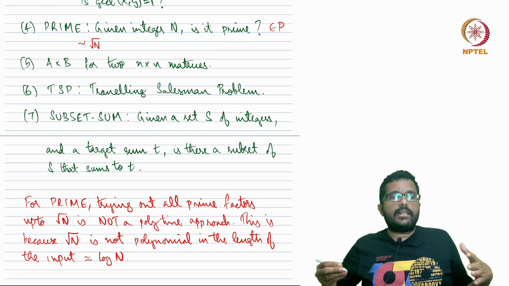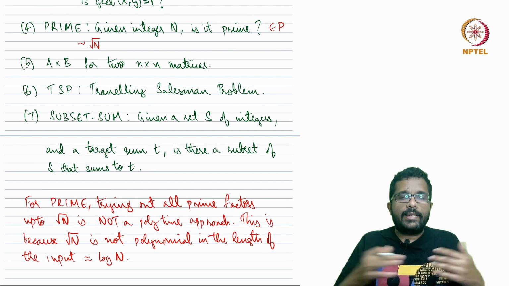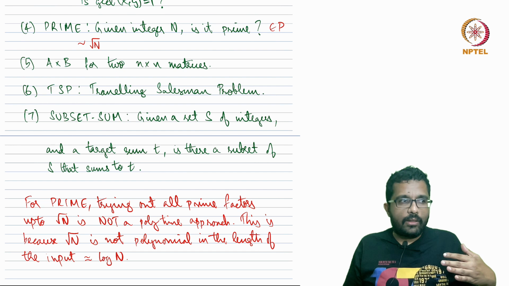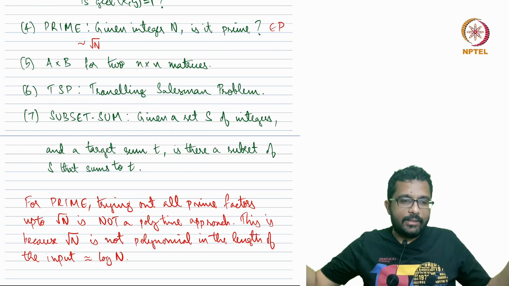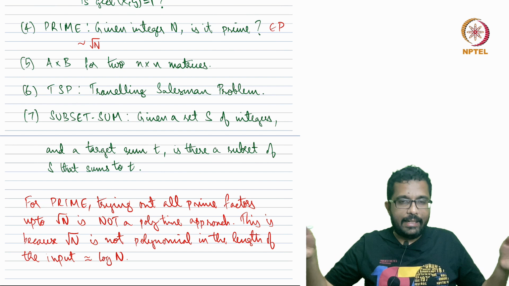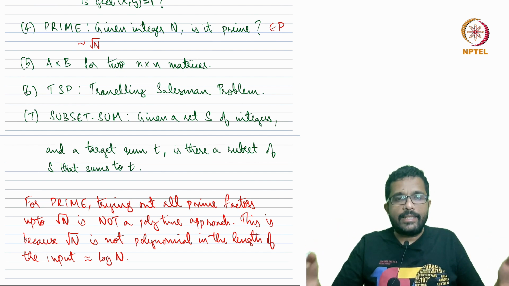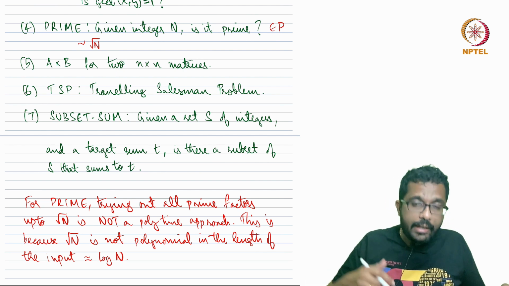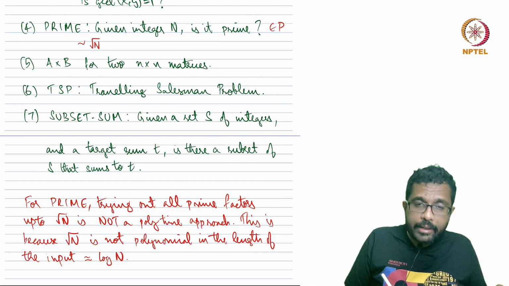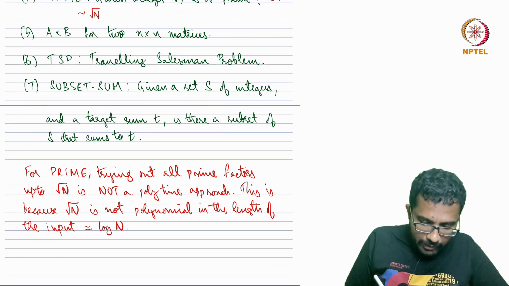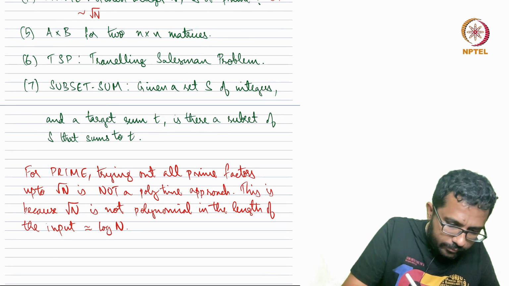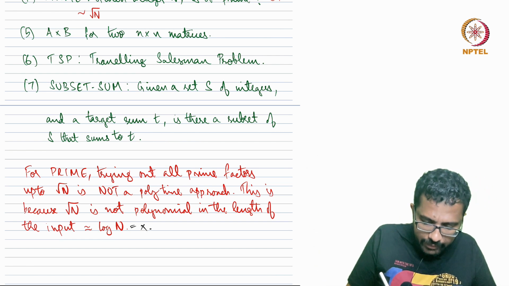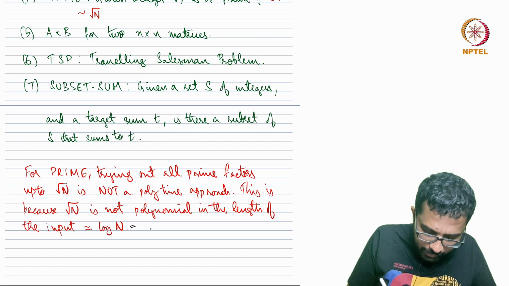If you have a number, let's say 100, it takes 7 bits to write down that number. So the length of the input is not 100. The input is 100, but the length is just log of 100. In terms of the length of the input, square root n is actually exponential time. So let's say log n is equal to, suppose this is equal to x, or maybe I'll just call it small n.